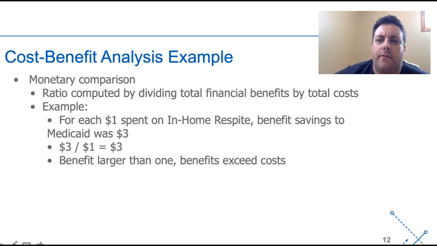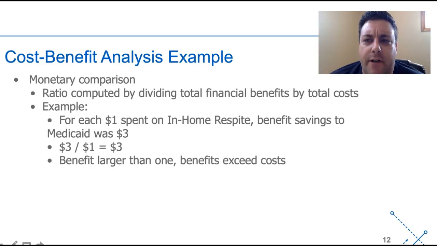Okay, so here's an example of a cost-benefit analysis. This was done on a program. It was a Medicaid program called In-Home Respite. And the purpose of this particular analysis, this is a fairly old one, and it's a little bit oversimplified just for the purposes of the presentation, was to look at the benefit savings relative to the costs of the program.